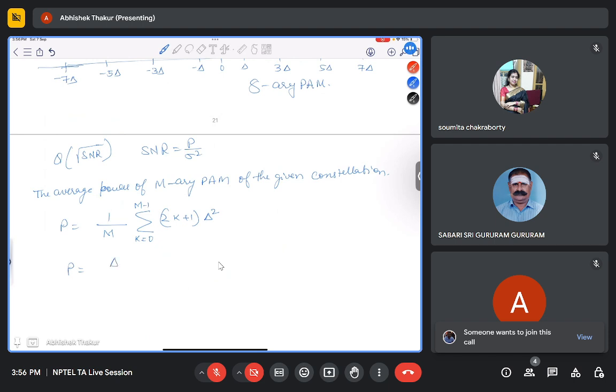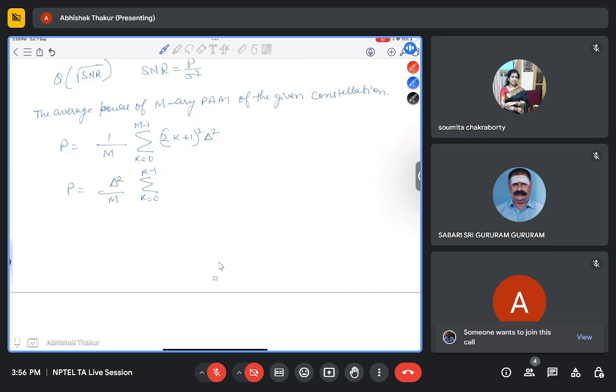So power is equal to, this delta square will come outside, we can write (2k plus 1) squared as 4k squared plus 1 plus 4k.